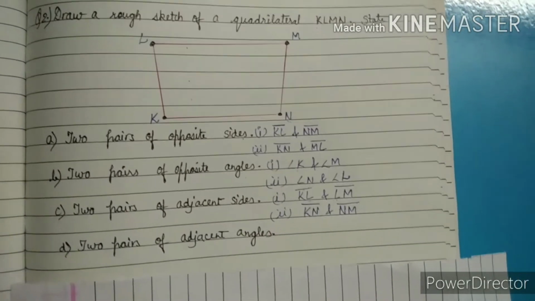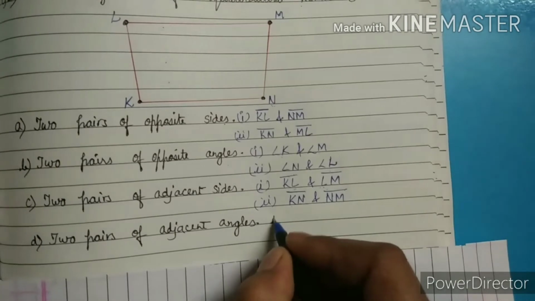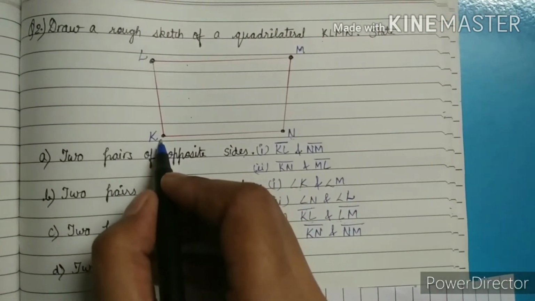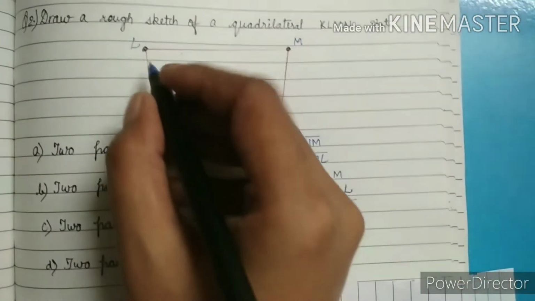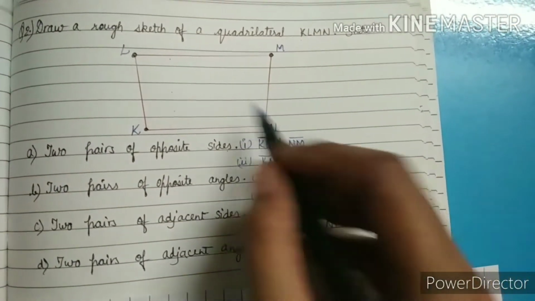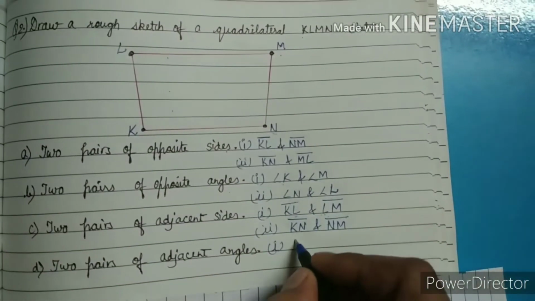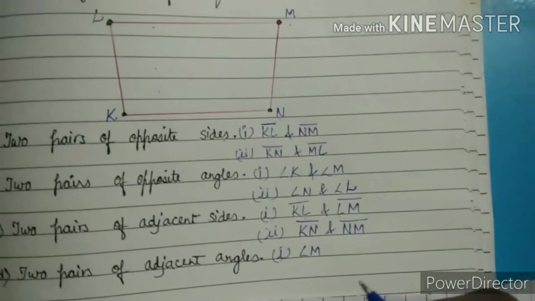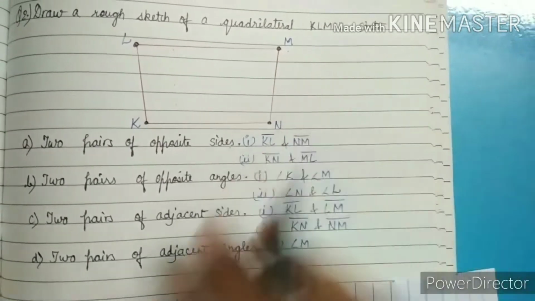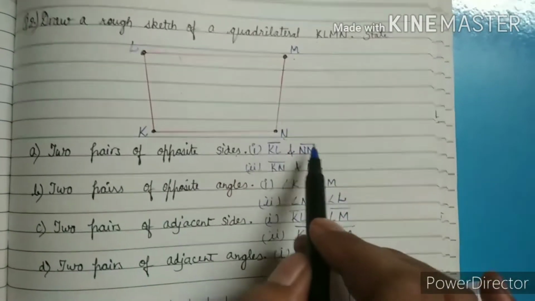Now the last question is two pairs of adjacent angles. We can start from angle K, angle L, angle M, or angle N. In this section I am starting from angle M. Angle M's neighbor is angle L or angle N, but we have to take only one at a time.